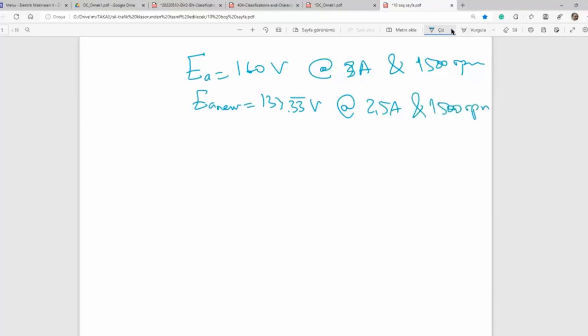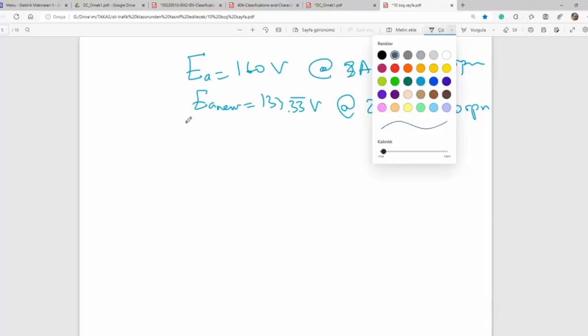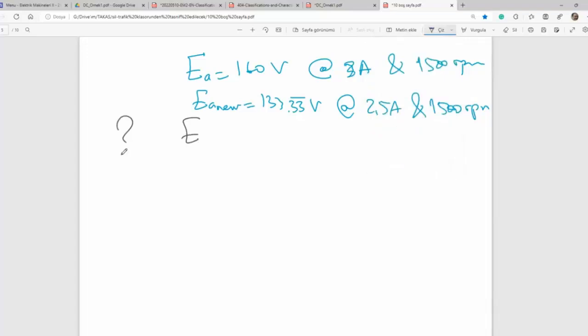Houston, right now it is asked what is the brand new value of EMF under 2 amps and 1600 RPM. There are two changes. Take care. You can use any of these given relations.